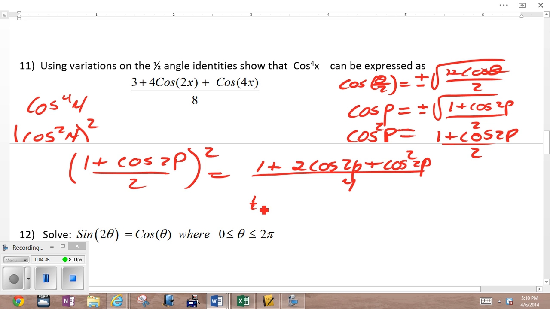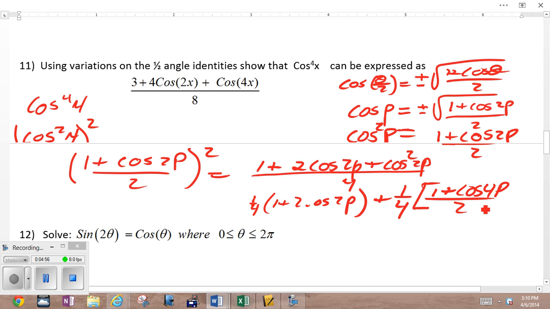So that's going to be 1/4 of 1 plus 2 cosine of 2p plus 1/4 of, now doing this substitution in here, 1 plus the cosine of 4p over 2, okay? And then that one expanded will be plus 1/8 of 1 plus the cosine of 4p or 4x, whatever expression you want to use, doesn't really matter.